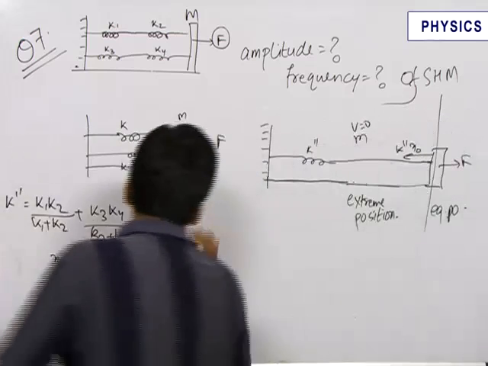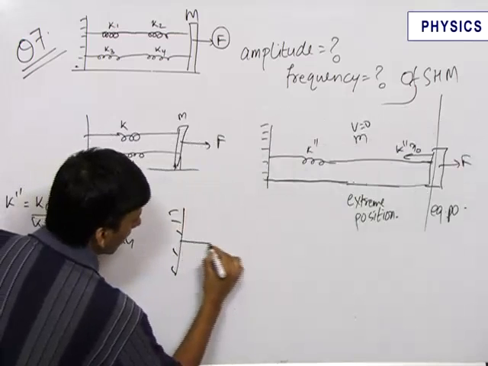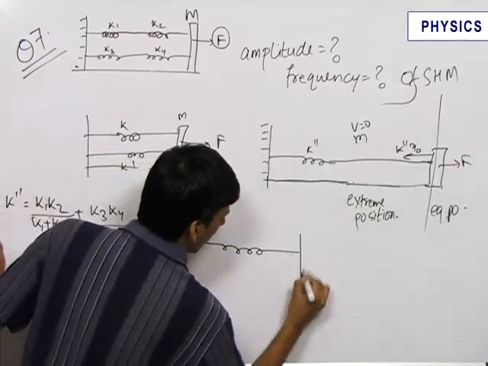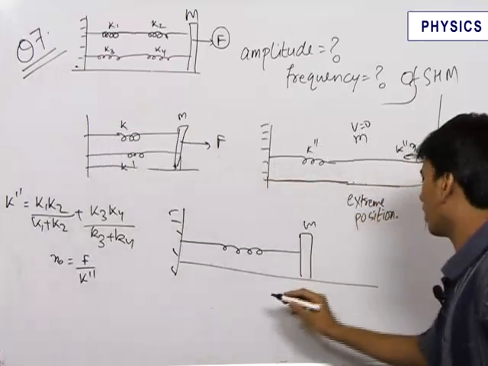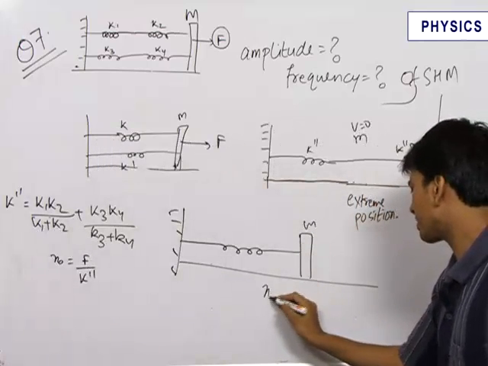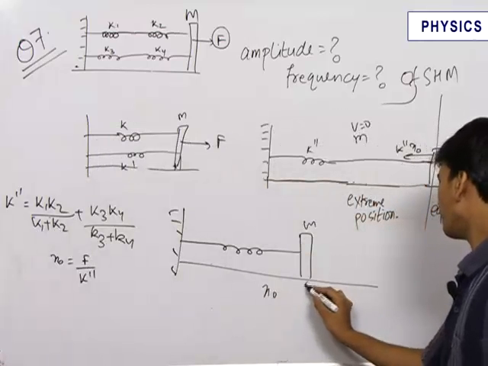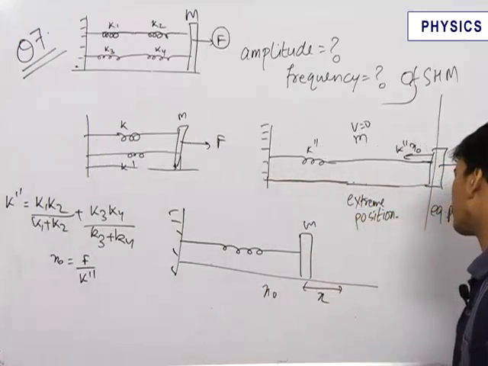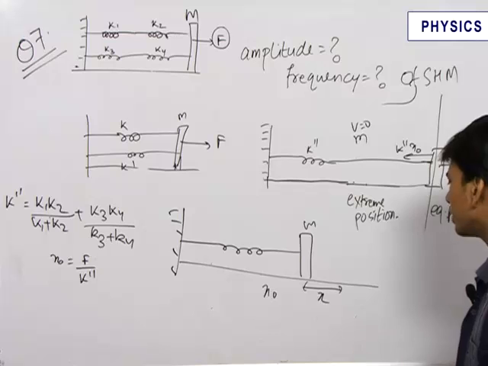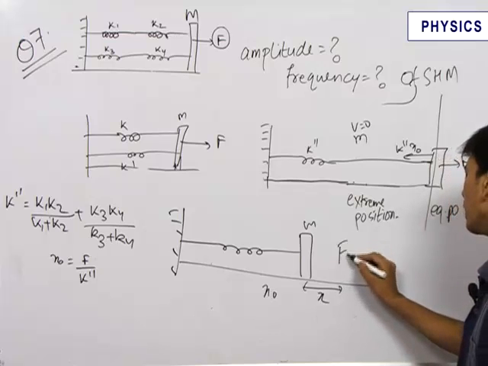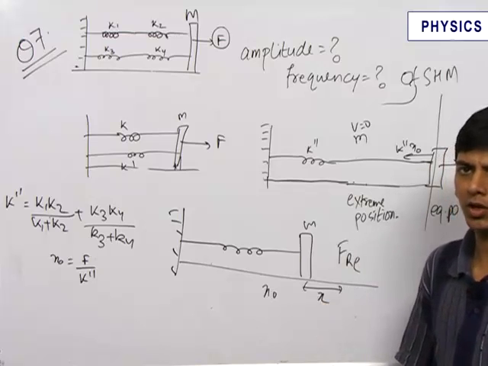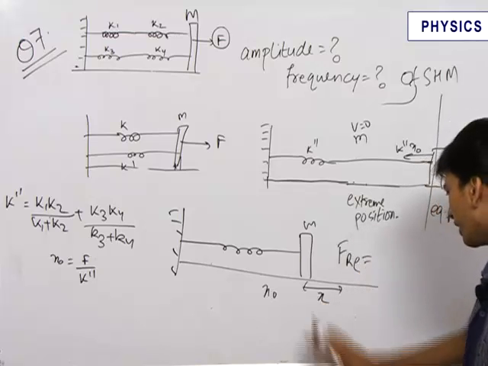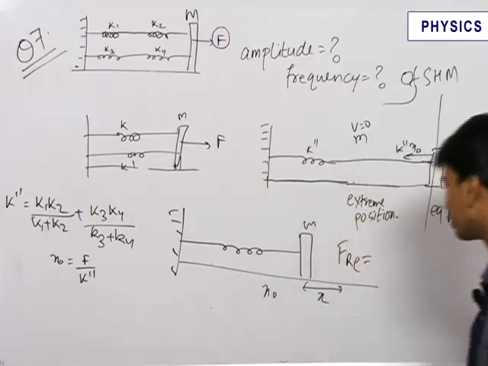Now this was the equilibrium position in which the extension in the spring already was X naught. We displace this object from the equilibrium position by a displacement X. Now the net restoring force we need to find out. We always displace the object from the equilibrium position by distance x, and then we find out the restoring force. The restoring force is the net force bringing the object back towards the equilibrium position.